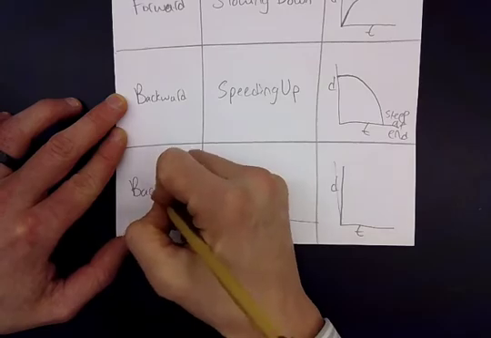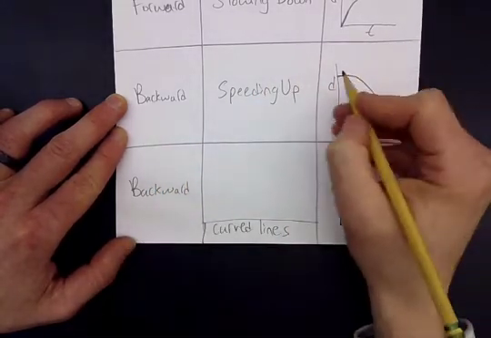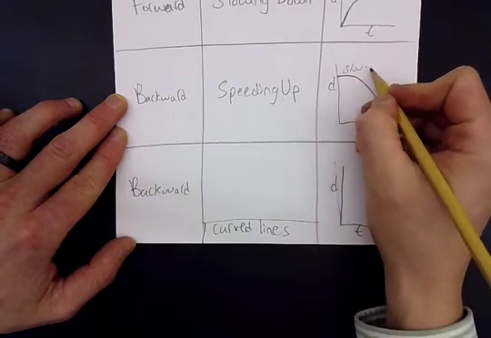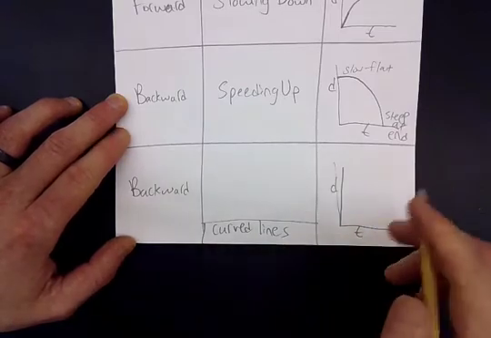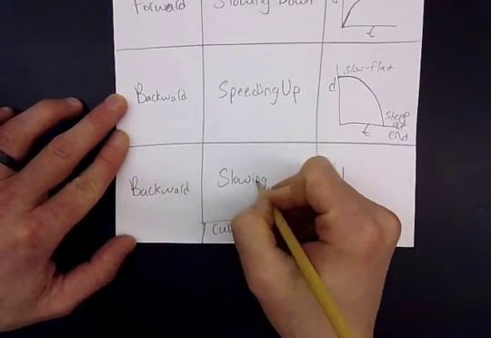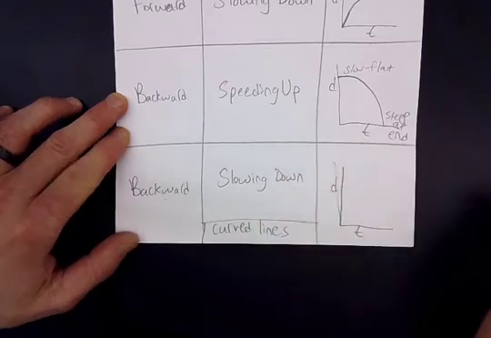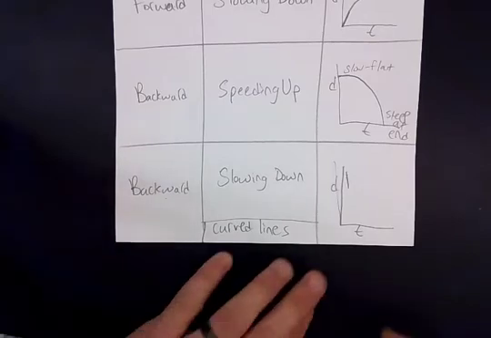Our last example will be backwards. These two tend to be the hardest for people. It starts off slow, very flat in the beginning, and very steep at the end. That means speeding up. But what if there's backwards slowing down? Well, in that case, we're going to start very fast going downwards. So very steep at the beginning.